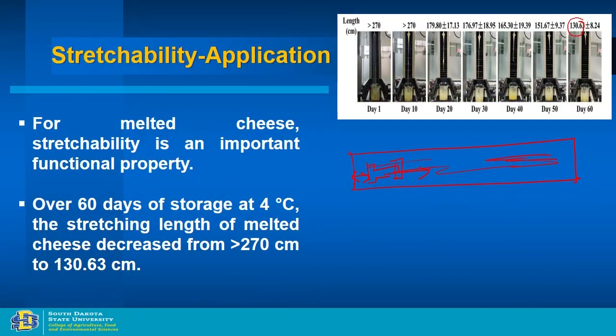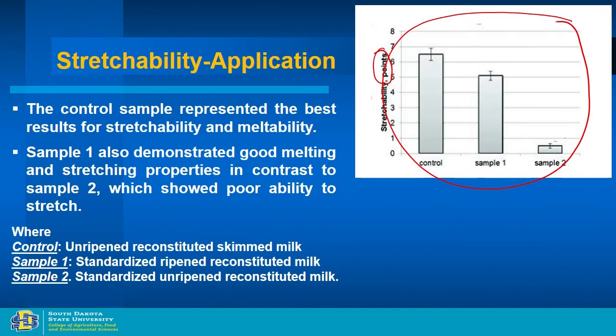When you think about ripened cheese, as you increase the ripening, ripened cheese has less stretch than the unripened cheese, right? But my gut feeling is it's probably a different study, not the same study, and it has something to do with the different cheeses they made. Again, these scores will be a combination of both stretchability and meltability, not only stretchability.